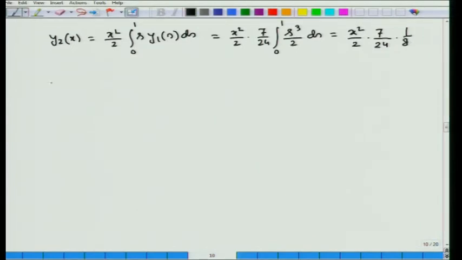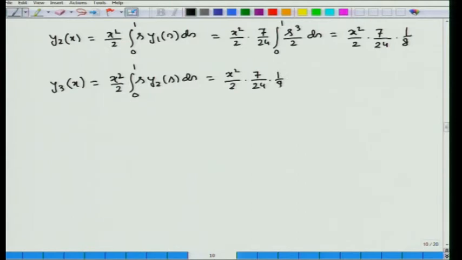If we calculate one more iterate, y3(x) is equal to x²/2 integral 0 to 1 s y2(s) ds. So, this will be equal to x²/2 into 7/24 into 1/8, and again integral 0 to 1 s³ divided by 2 ds.